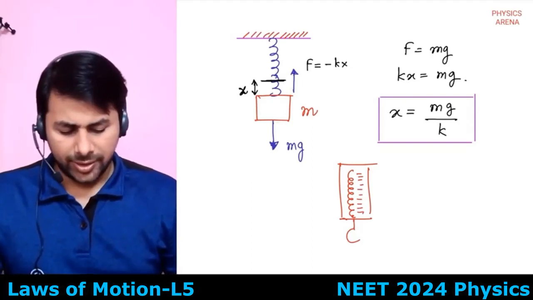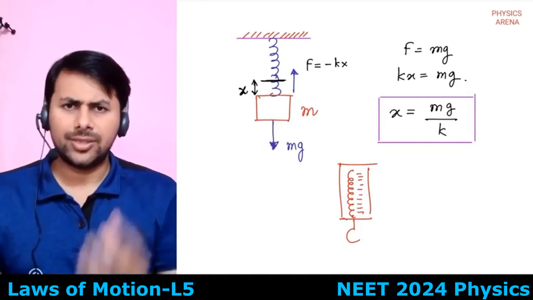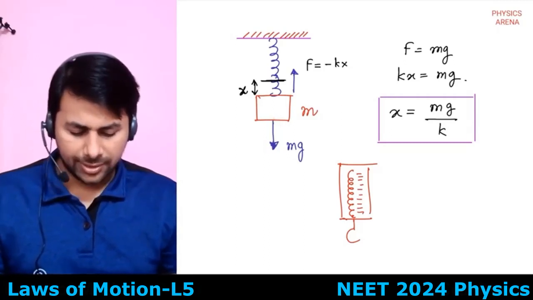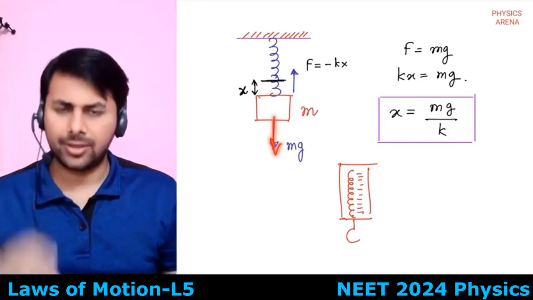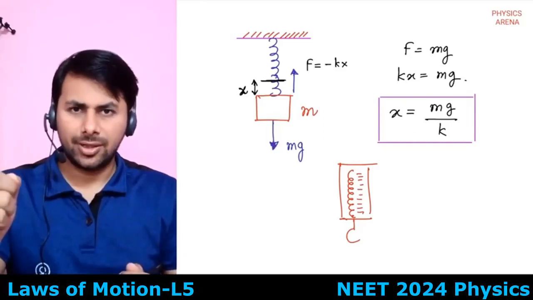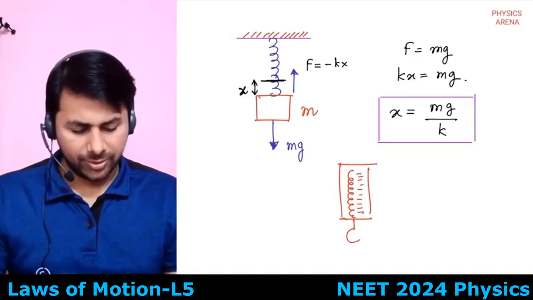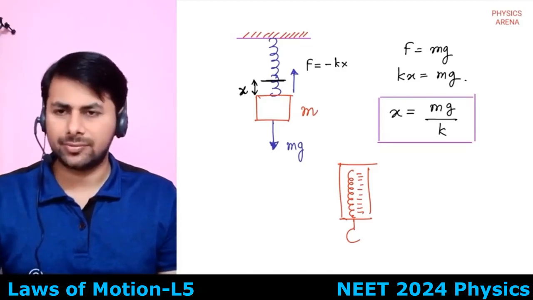See, there is some weight which is acting downwards, right? So now what will happen? Because of that weight, it will move down, the spring will get stretched and they will come to equilibrium at some distance. So what will be that distance?